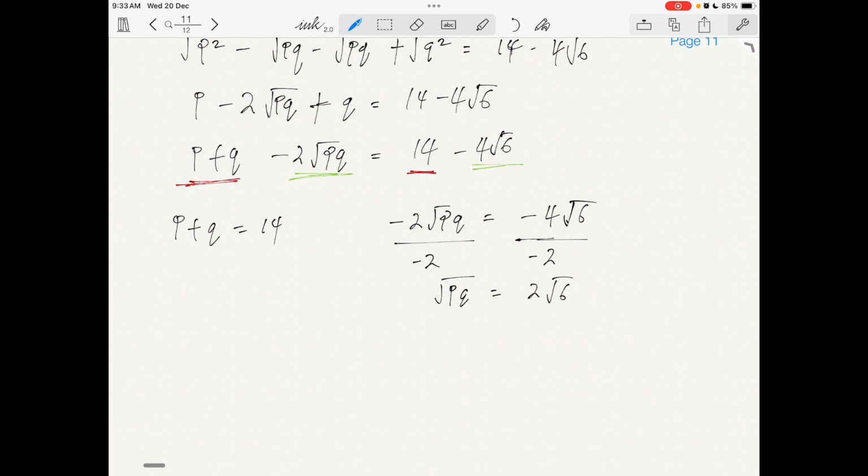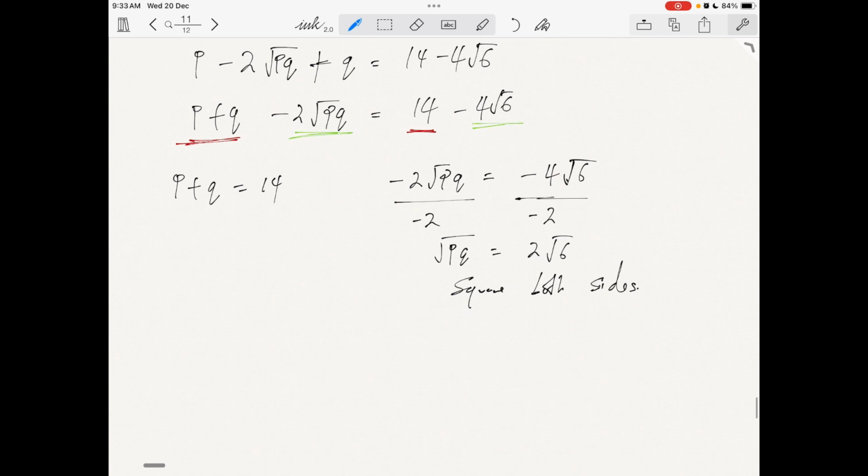Now this reminds us that we can square both sides to find an expression for pq. That's basically what we want to do.